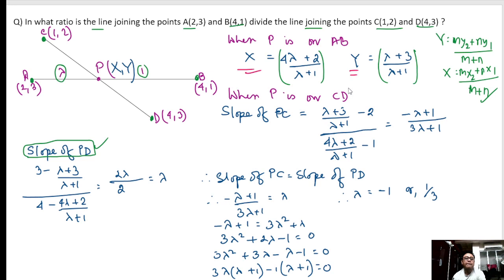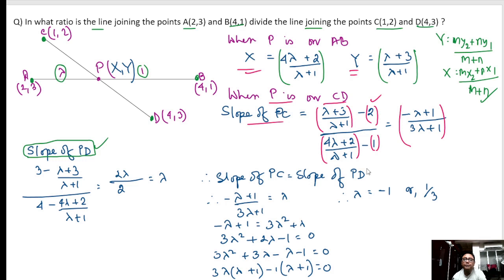Similarly, the point P also lies on CD. So slope of PC, how can I find? Slope of PC is y2 minus y1 by x2 minus x1, between C and D. This is how I can find slope of PC.